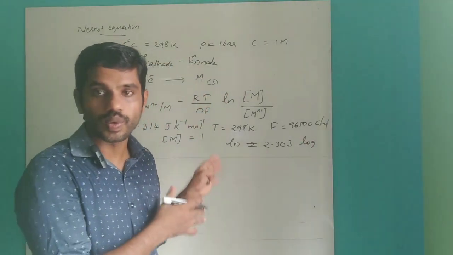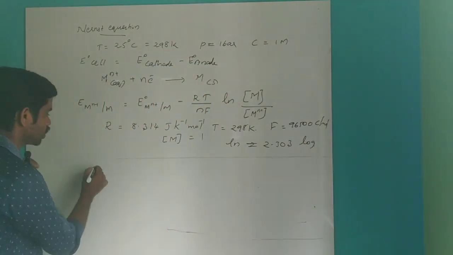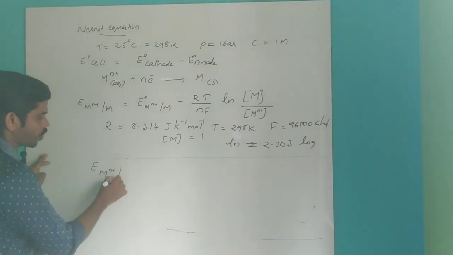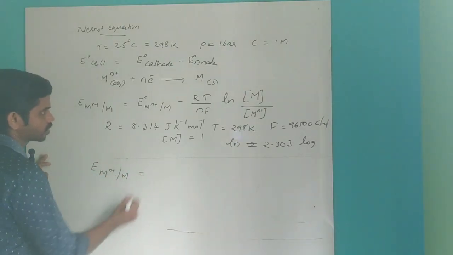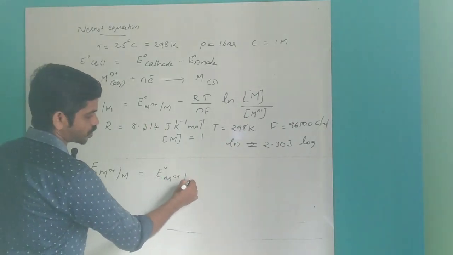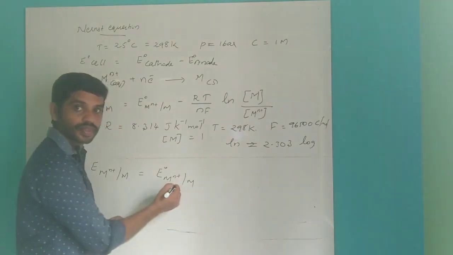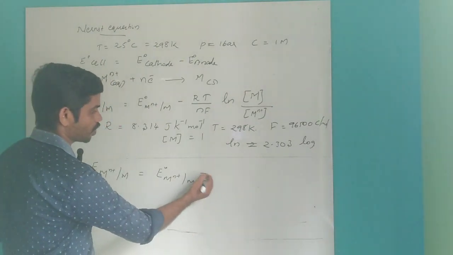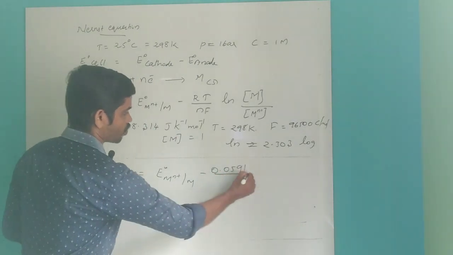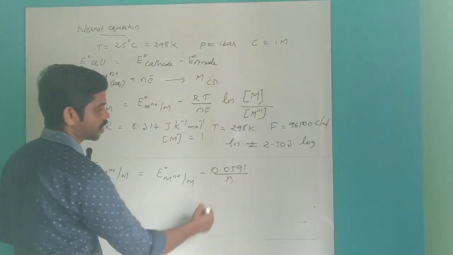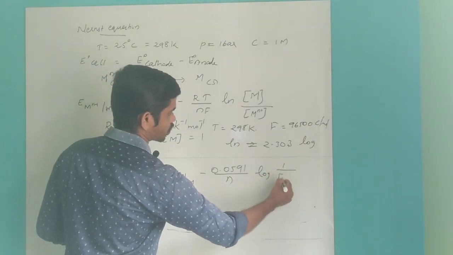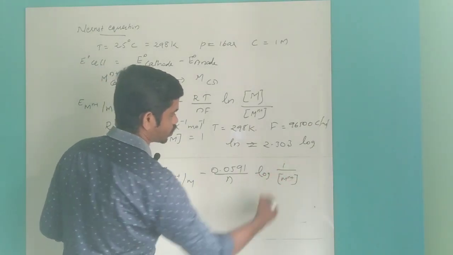Put all these values in this equation. Now you will get the EMF of the electrode equal to E0 of Mn+/M minus 0.0591 by n log of 1 by the concentration of the solution.